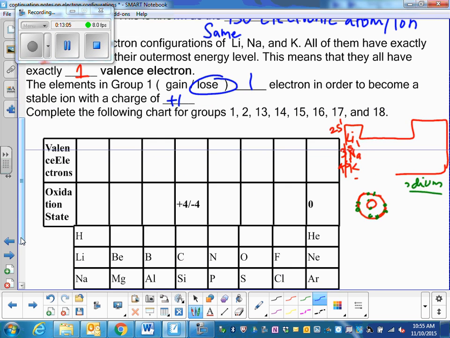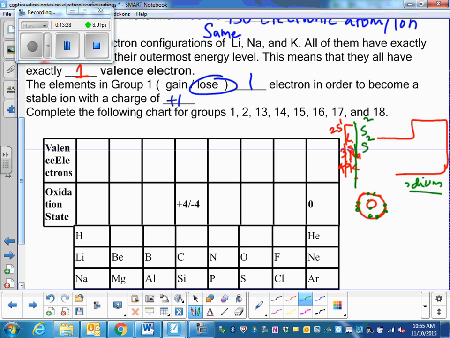It's not given in your page, but let me do some more examples. Say you're going to group 2. If you are in group 2, they all end with what? s2 electron configuration. Is that right? So how many valence electrons will they have? 2. Alright?